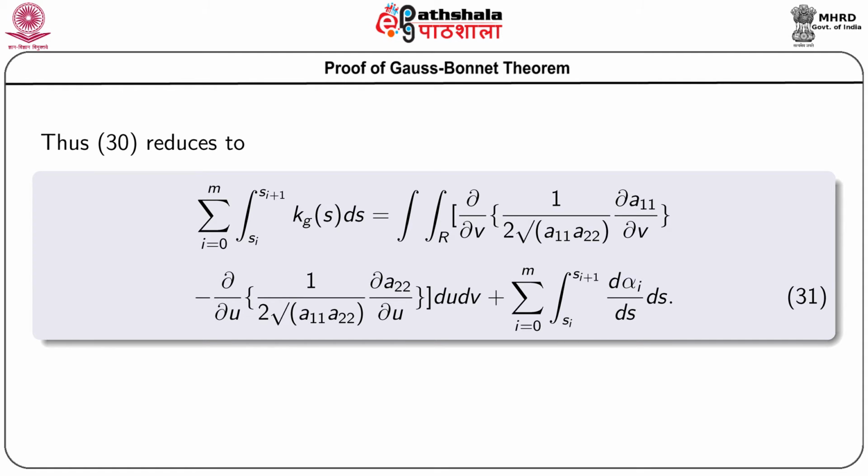Double integration over R within the bracket, del by del v within the second bracket 1 by 2 root A11 A22 del A11 by del v, second bracket close, minus del by del u again within the second bracket 1 by 2 root A11 A22 del A22 by del u, second bracket close, du dv, plus summation i equal to 0 to m, integration s_i to s_i plus 1 d alpha_i ds ds. So, this relation is due to Green's theorem.